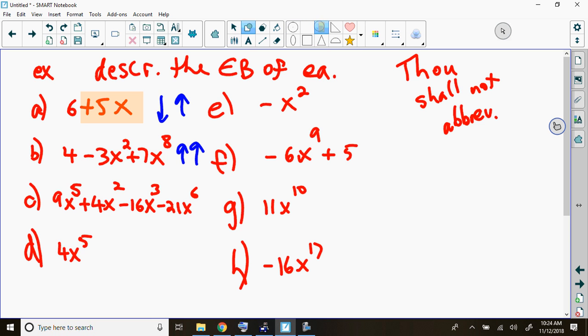What term steers the ship in number C? Negative 21x to the 6th. Anybody think they got the end behavior here on lock? Down and down. Down and down. What about number D?